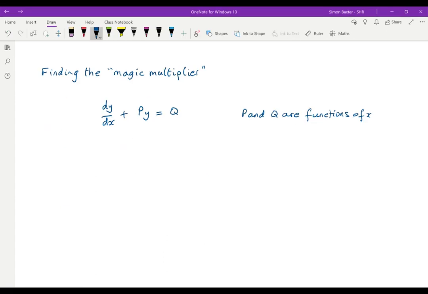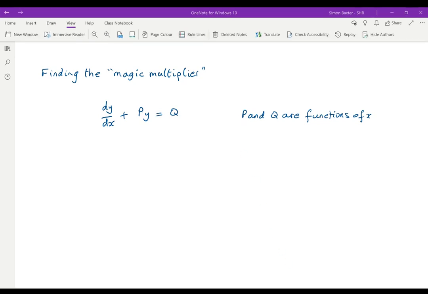Well, to do this, let's look at a general equation. I said just now we had to have dy by dx on its own. Whatever is multiplying y has to be a function of x. There's no y at all. And the other side has to have no y. So p and q must both be functions of x.